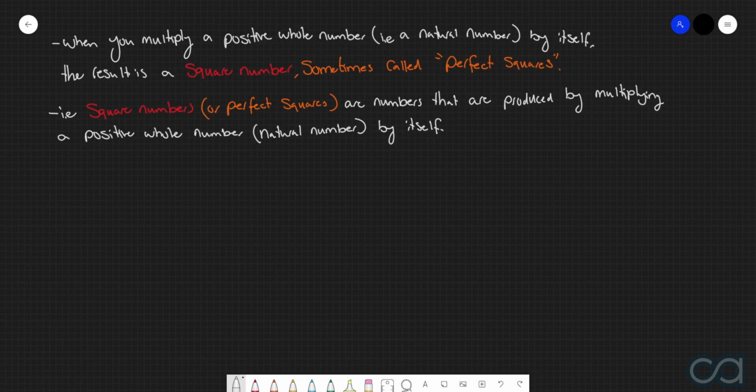So, two different ways of saying the exact same thing, but in essence, square numbers are the result of when you multiply a natural number, or in other words, a positive whole number, by itself. Now, just as a little bit of added terminology, in maths, the phrase squaring a number is the process of multiplying a number by itself.